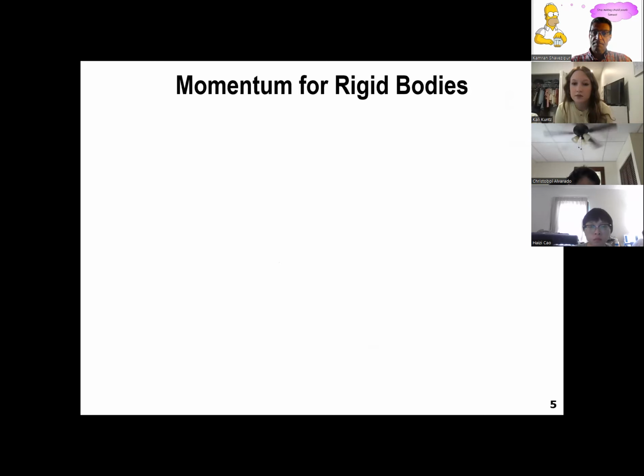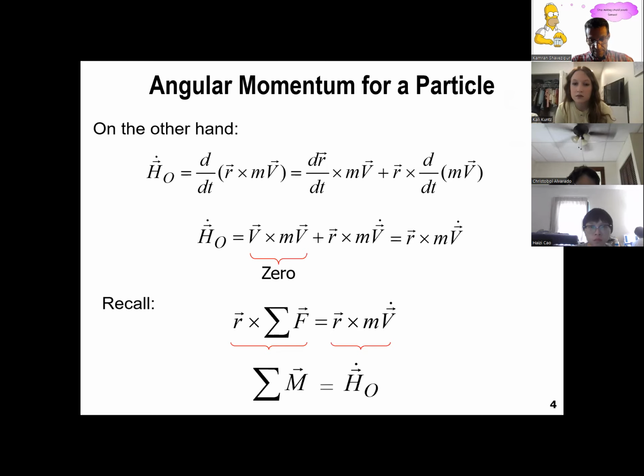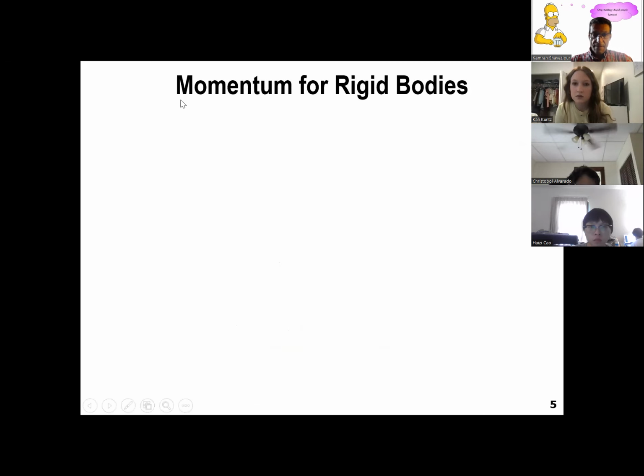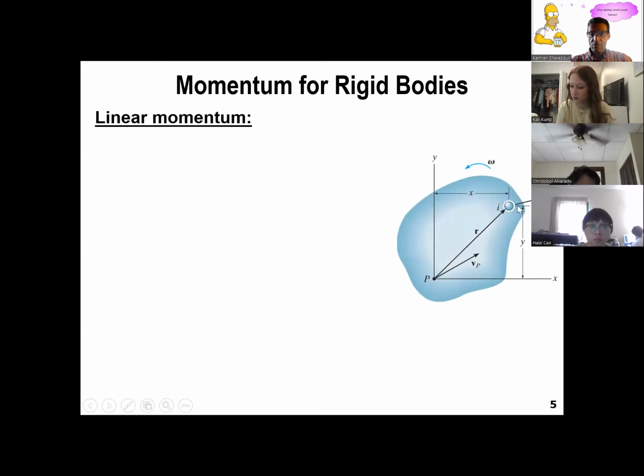So now that we defined the angular momentum of a particle, we can define the momentum of a rigid body. We're going to use the same process. For the linear momentum, again, you have this potato-shaped rigid body.